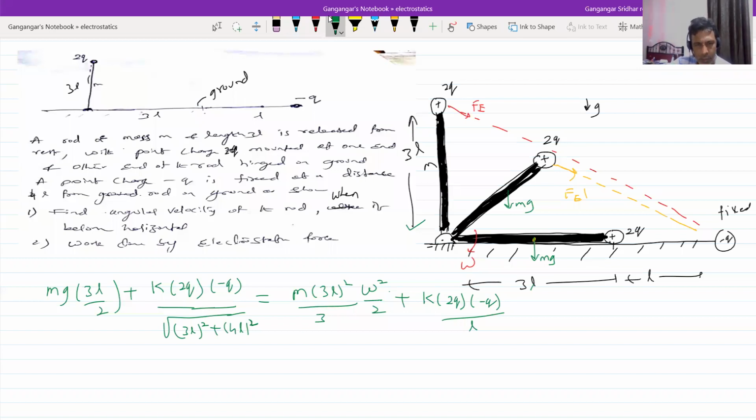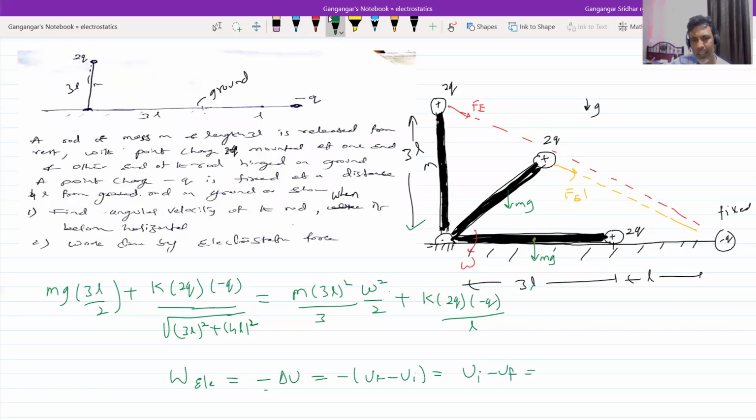Work done by the electrostatic force is telling us something. What should you write? Work done by the electrostatic force is equal to the change in potential energy. So the initial interaction potential energy is k 2Q minus Q by 5L. It should be equal to minus delta U, which is UF minus UI, so UI minus UF.